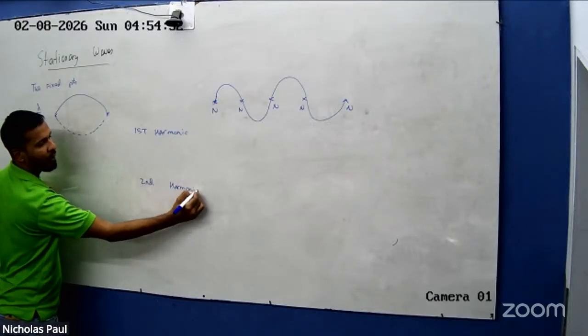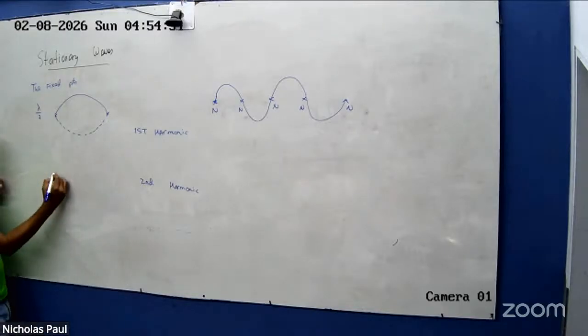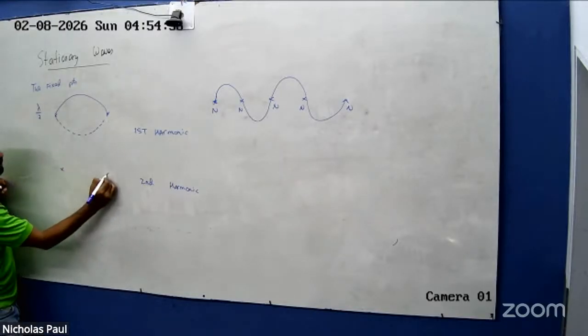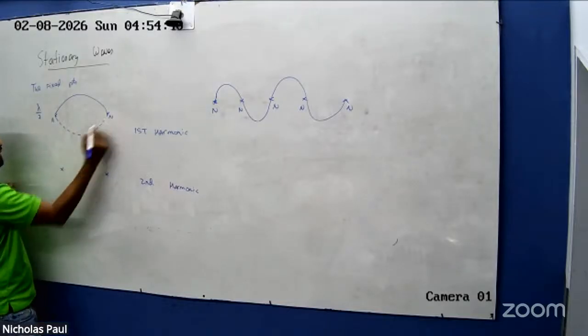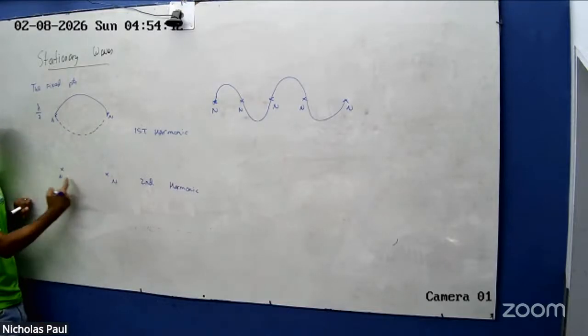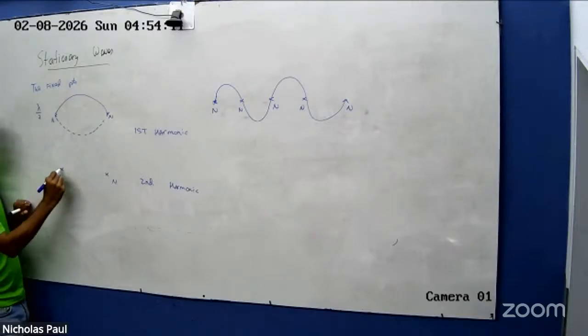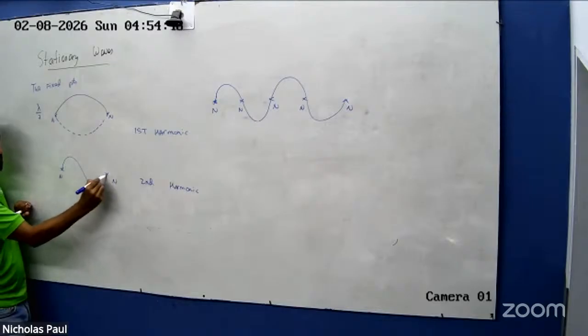Now, how will the second harmonic look? Remember, harmonic means we have to have a node here and a node here. How will it look now? It will have an antinode, a node in the middle, and an antinode again.